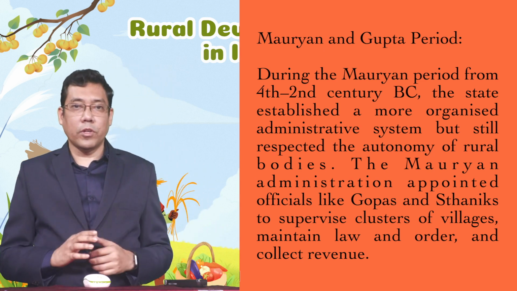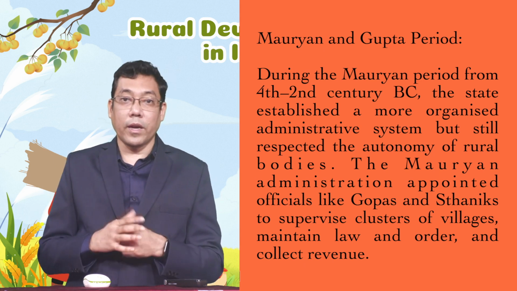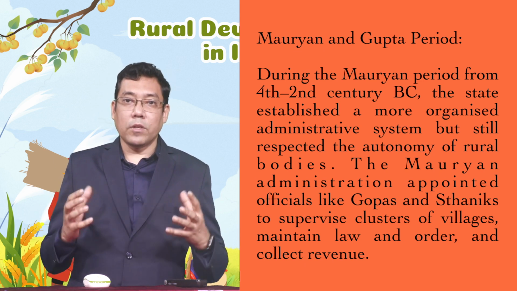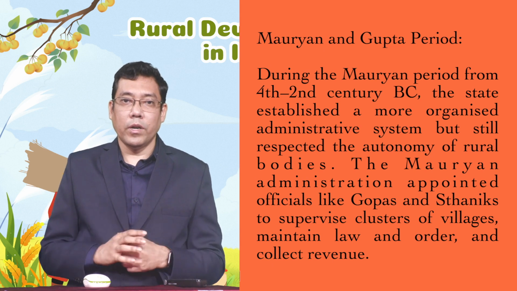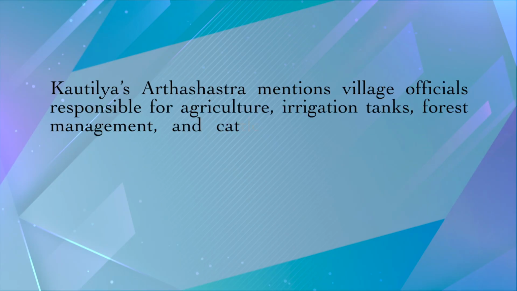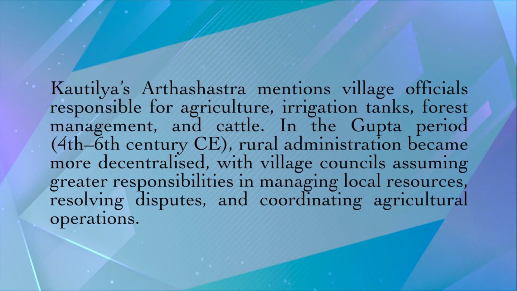The Mauryan administration appointed officials like Gopas and Sthaniks to supervise clusters of villages, maintain law and order, and collect revenue. Kautilya's Arthashastra mentions village officials responsible for agriculture, irrigation tanks, forest management, and cattle.